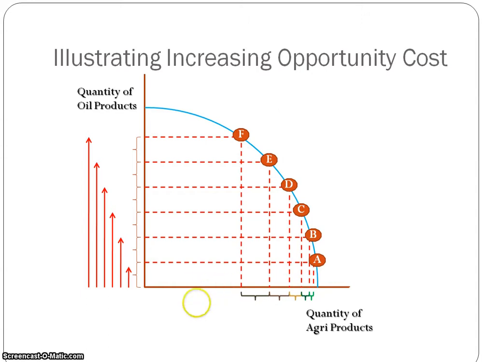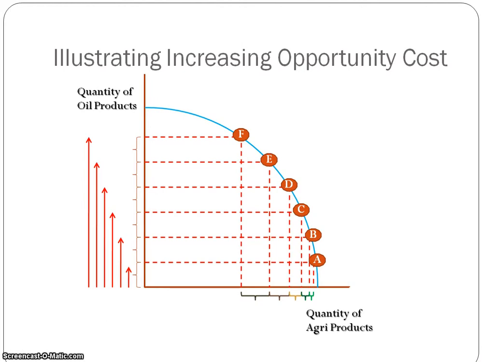So that's why we lost so little the first time. But again, in order to expand production in oil, we again need to take resources from the agri sector. Again, if we're taking resources from the agri sector, we would want to take the least skilled resource within the sector, so that when we remove it, it will not severely hamper production of agricultural products.